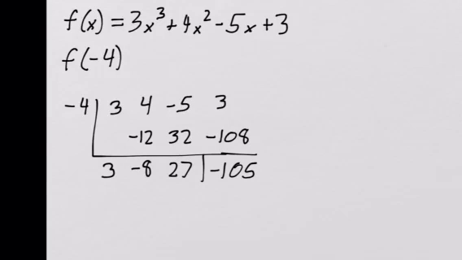so I have 3 times. Remember, when you're taking a negative number to a power on your calculator, you need to put that negative number in parentheses. And also make sure when you're putting a negative number in your calculator that you use the minus sign that's in parentheses, not the straight minus sign.